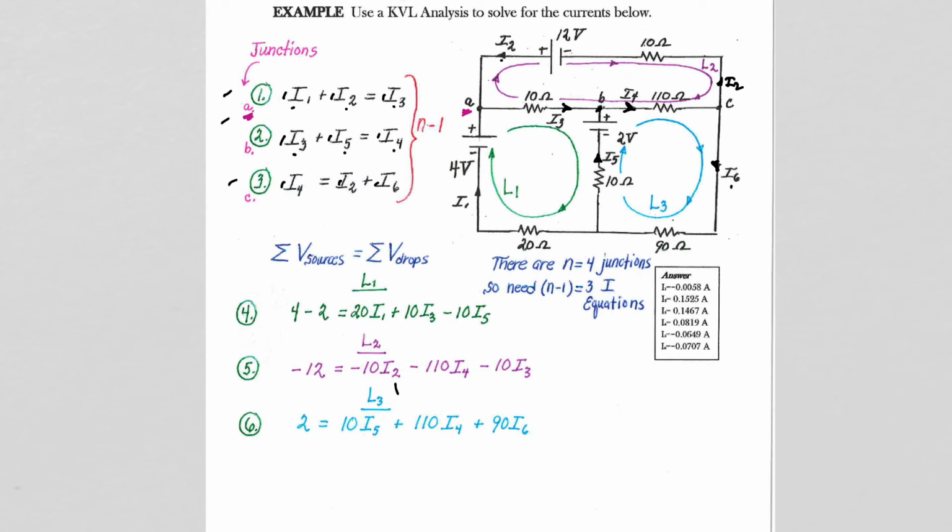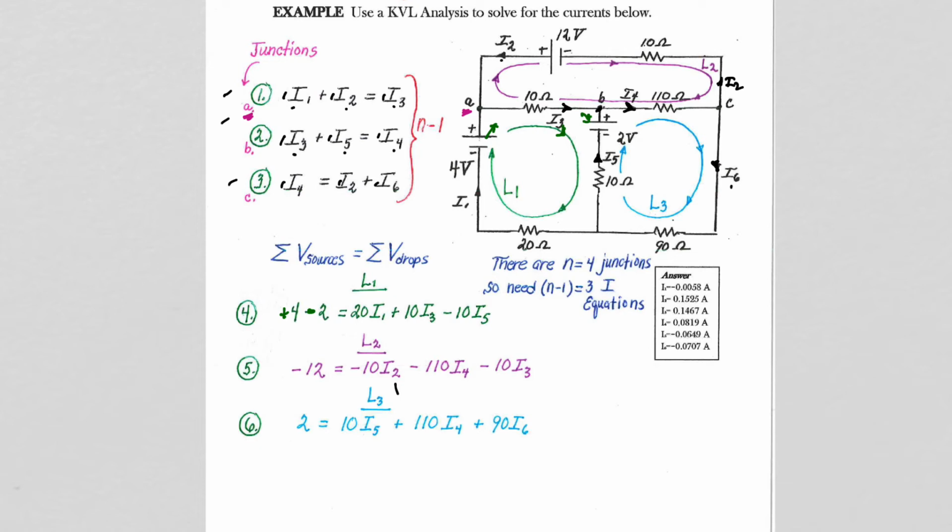So here we have the loop coming out of the positive of the 4-volt battery, so that's why that's a positive 4. I have the loop passing into the positive of the other battery, so that's why it's negative, so that's the 4 minus 2. There are no internal resistances in this problem, so we don't have to worry about the internal resistance for this problem.